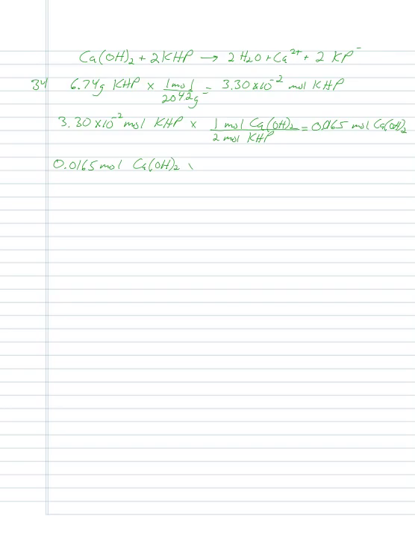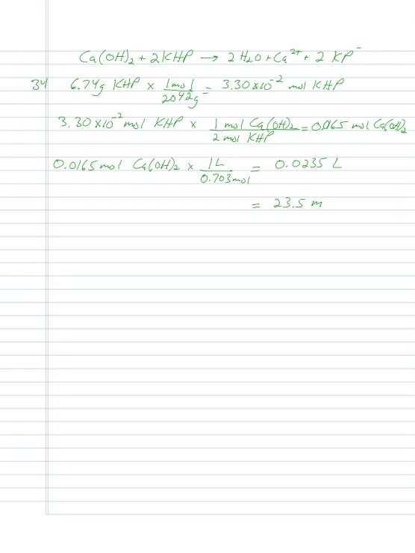I should probably write a chemical reaction up there because we're going to need stoichiometry. We've got calcium hydroxide, Ca(OH)2, and my KHP, which they said is monoprotic, meaning it just gives off one H+. Well, calcium hydroxide gives off two OH minuses, and KHP gives off one H+. So I'm going to need two KHPs to neutralize just one calcium hydroxide.